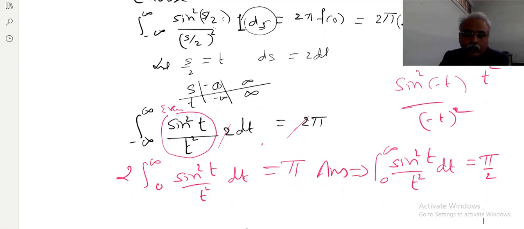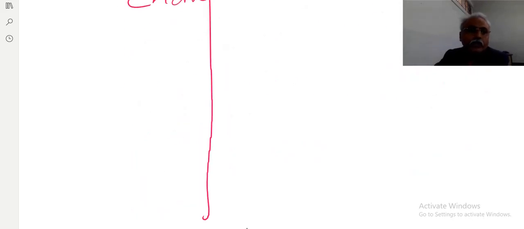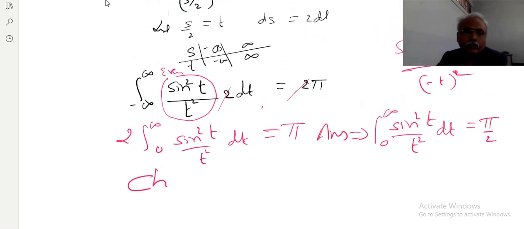Then, as in the last example, change s to x.